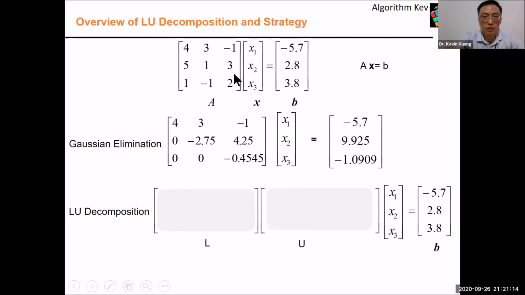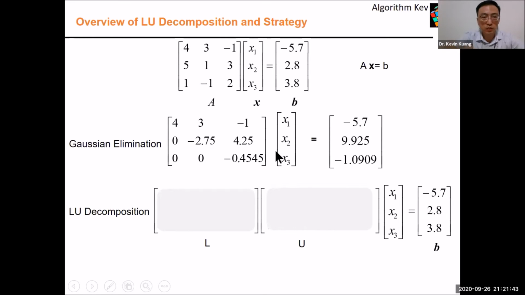Previously in our Gaussian elimination class, we looked at how we can convert this matrix A into the echelon form, as you can see over here. This is the echelon form or the reduced form, after which we will be able to solve for the value of x3, and then through back substitution, obtain the values of x2 and x1.